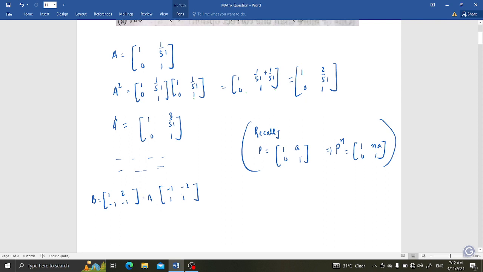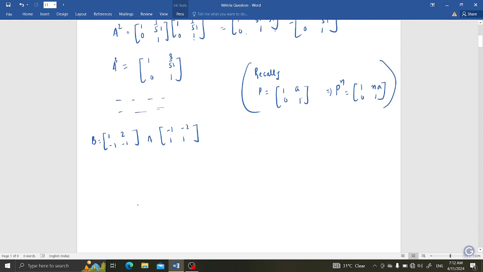What we need to find is the sum of all the elements of this matrix, the result after finding this complete summation.